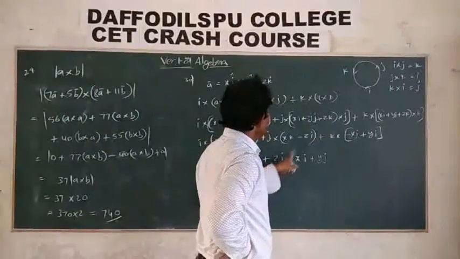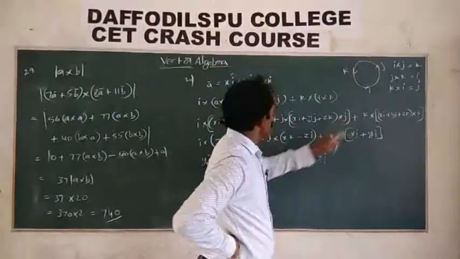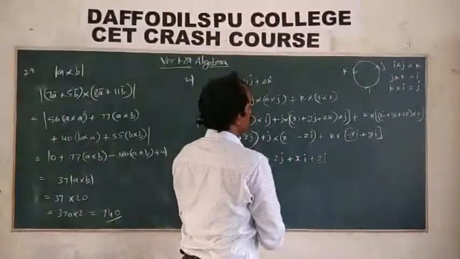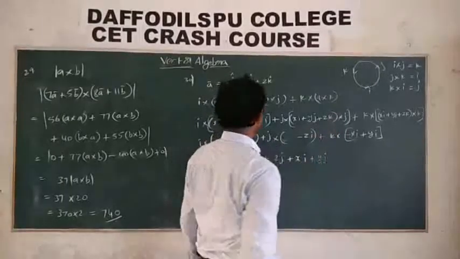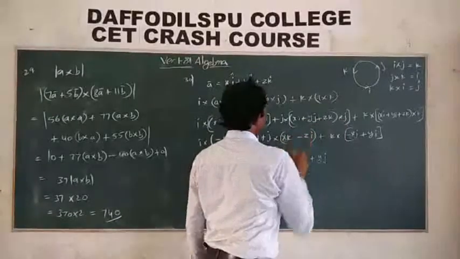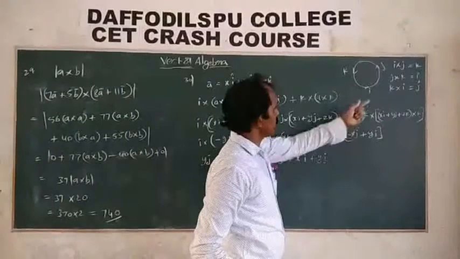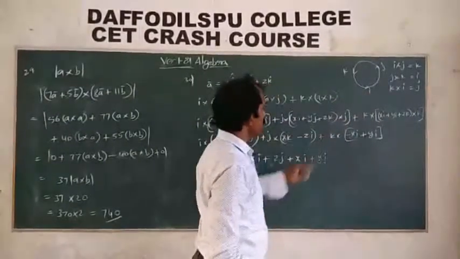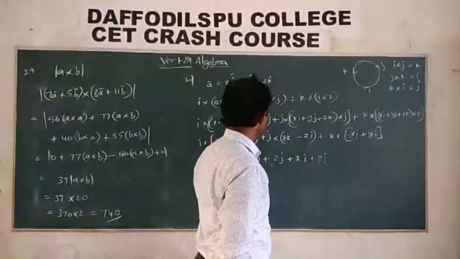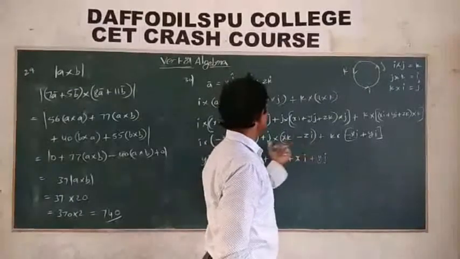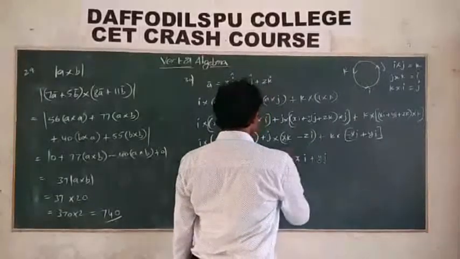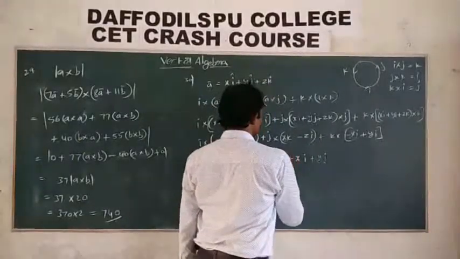This one k cross j is minus z I, j cross I, so minus into minus plus z, right.